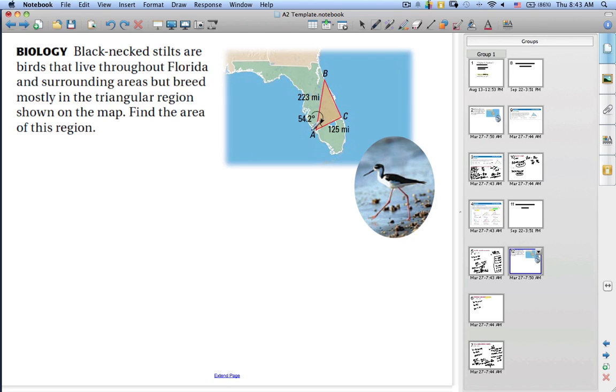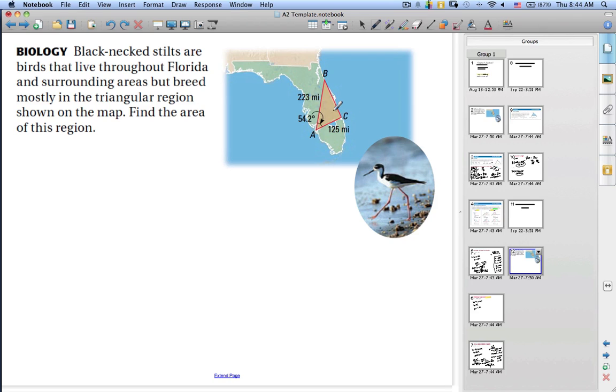In this particular case, they've given me information about this area where our black-necked stilts live. They live all over the place, but they only breed in this little triangular section, and we want to know if there's enough room for the breeding patterns for the population that we have.